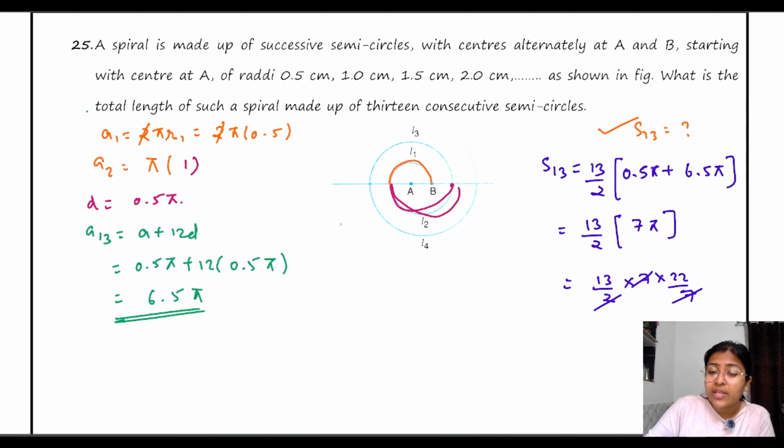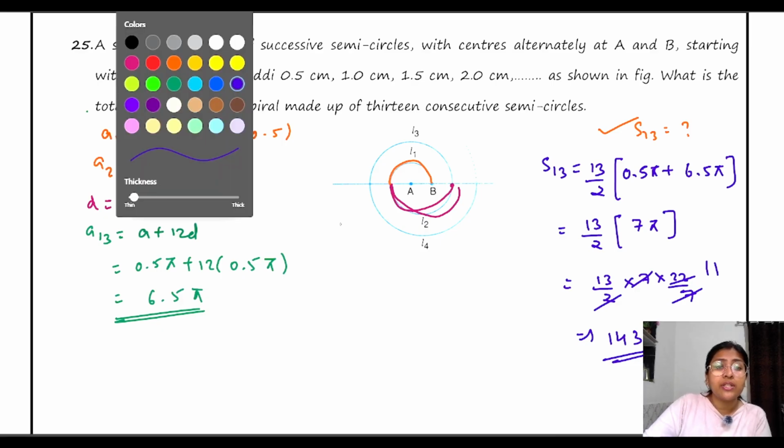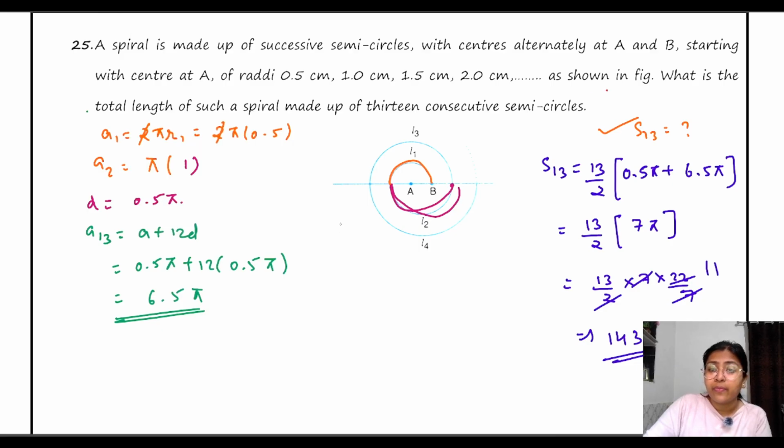The 7s cancel, 11 into 13 will be 143. So the length required to make 13 consecutive semicircles is 143 centimeter. The unit should be centimeter.